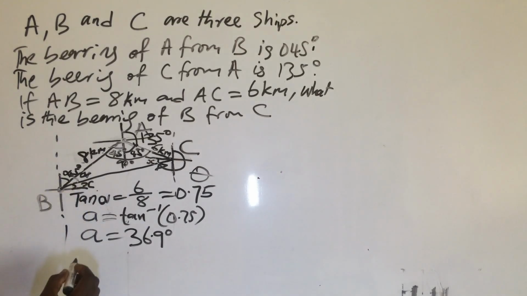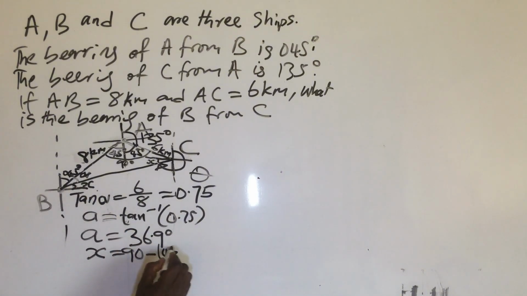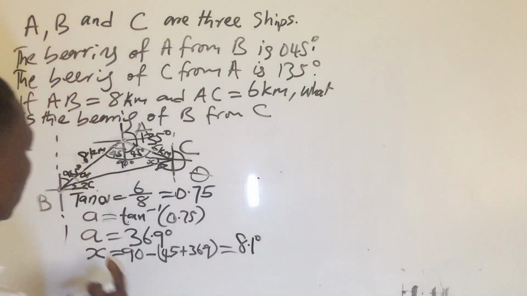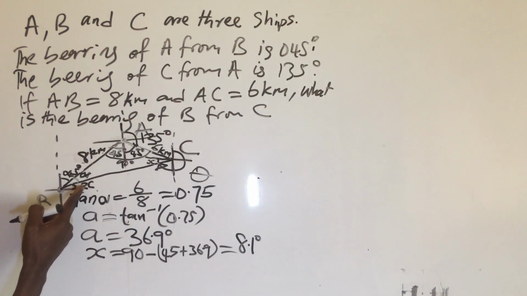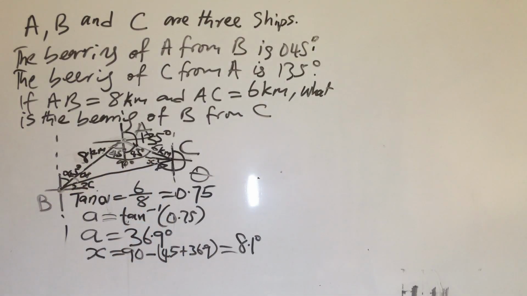Finding angle x, x equals 90, because all of the angle is 90, minus 45 plus 36.9, which will give us what when we subtract? 8.1 degrees. So if here is 8.1 degrees, here is also 8.1 degrees.